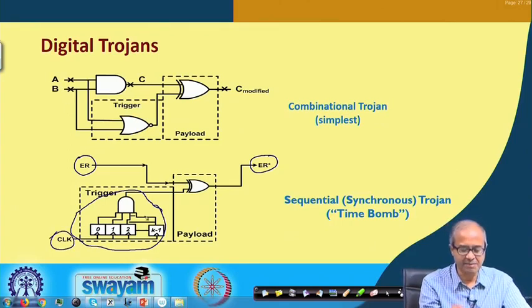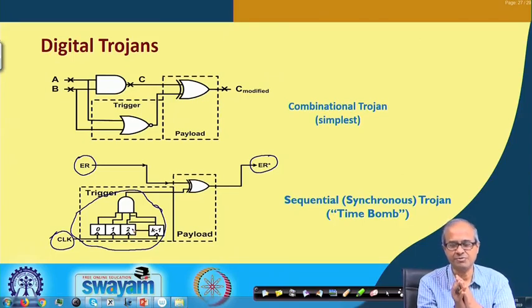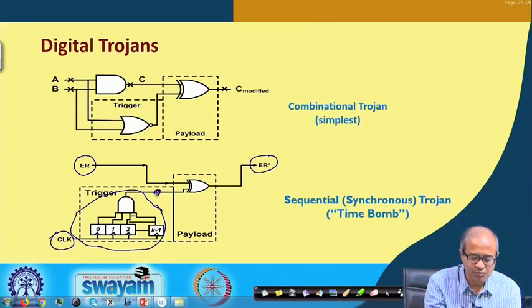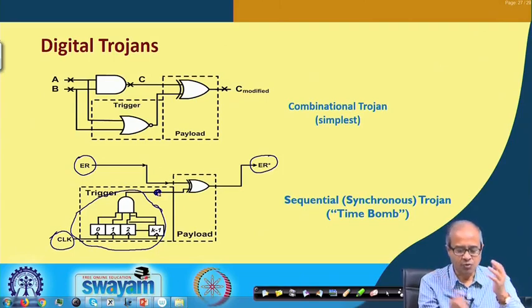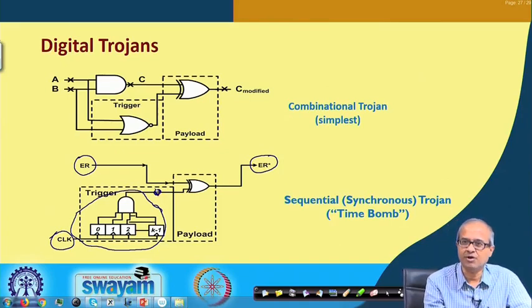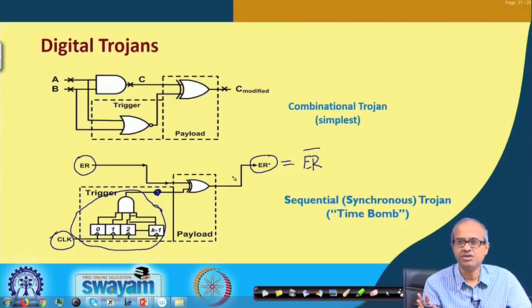This is a simplified diagram, there will be some gates in the counters also. This output value will become 1 when a particular count value is reached, let us say 1000, when the 1000th clock comes, only then this value will become 1. So, after 1000 clocks, only then ER star will become ER bar. Before that, the Trojan will not be detected, the output will be correct. So, this is sometimes called a time bomb, because you are defining a time when this Trojan will get activated. Okay.